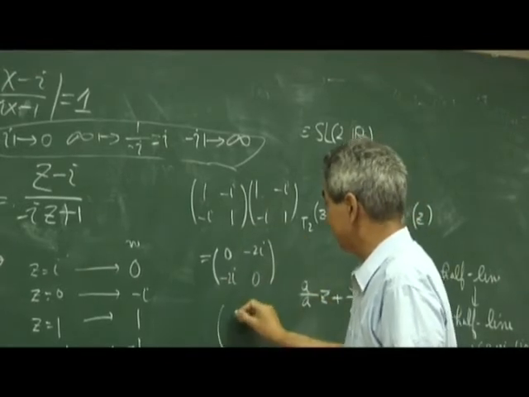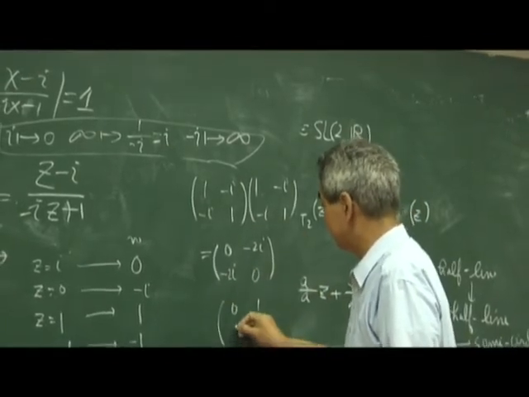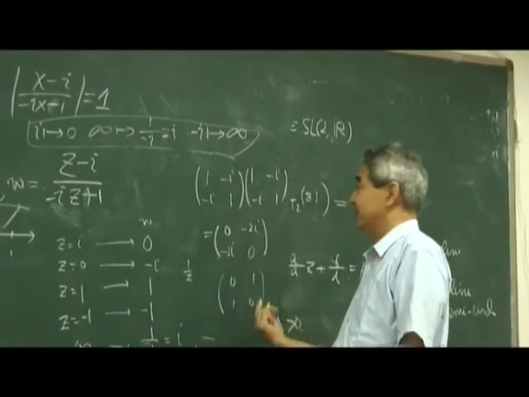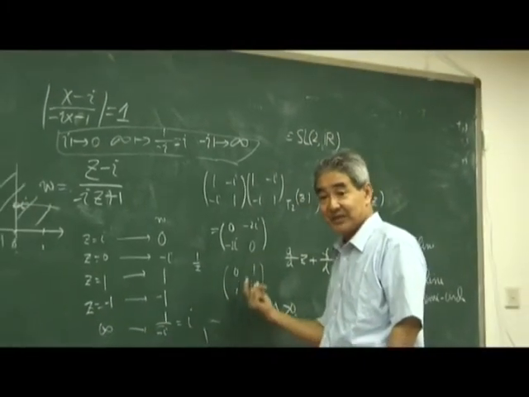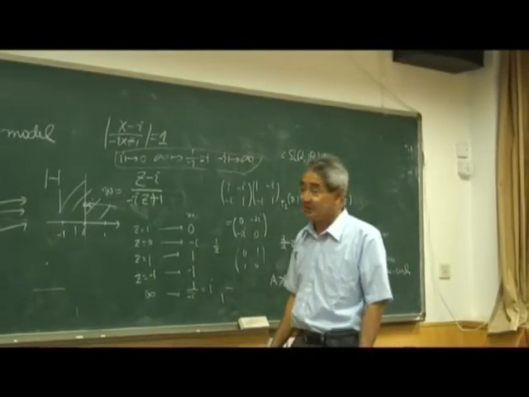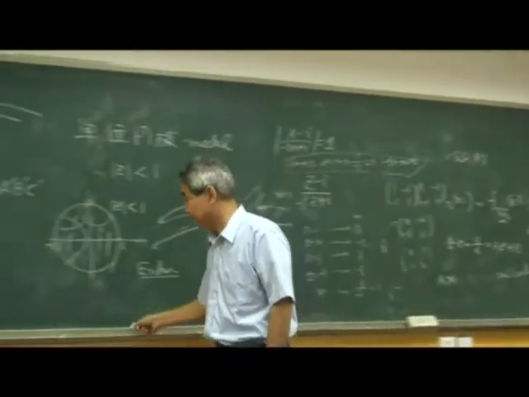So it's essentially equivalent to 1, 1, 1, 1. This mapping is of order 4. And if you apply it again, you get the identity. So if you take it 4 times, it becomes the identity. So it's a very special mapping.